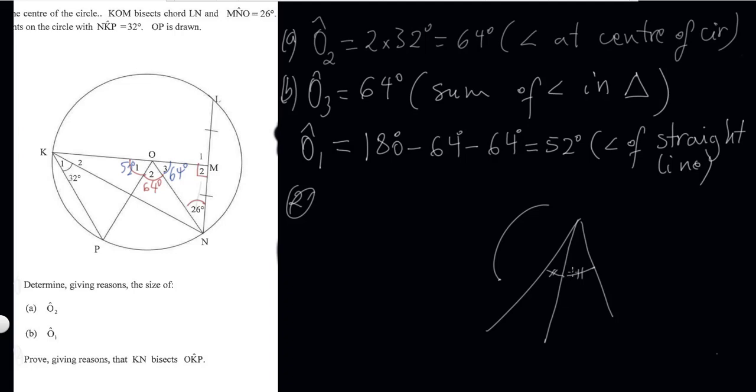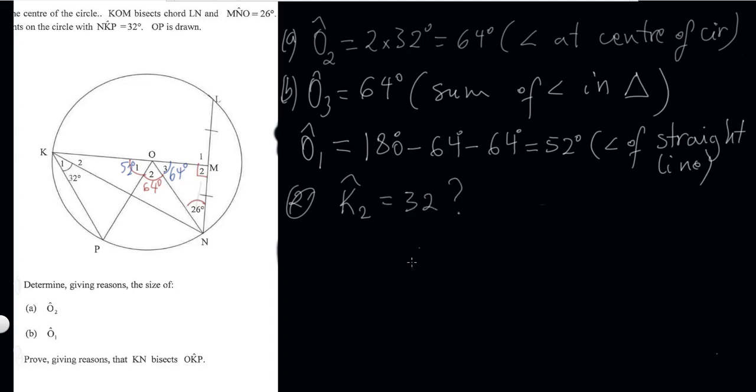So in another way, to prove that KN bisects the angle OKP, we have to prove that the angle K2 is equal to 32 degrees. I put a question mark. We have to prove it.